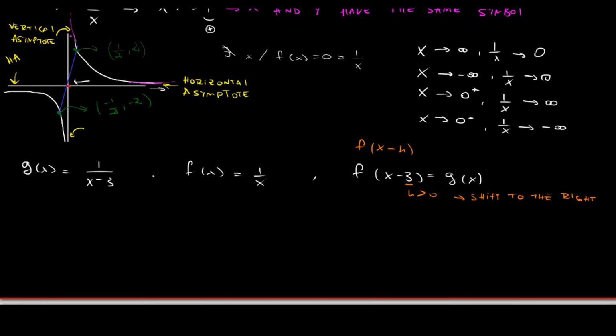So to draw g, let's first draw f. F is the function we just studied. I'm gonna draw it like this. Now to draw g, we have to move 3 units to the right.